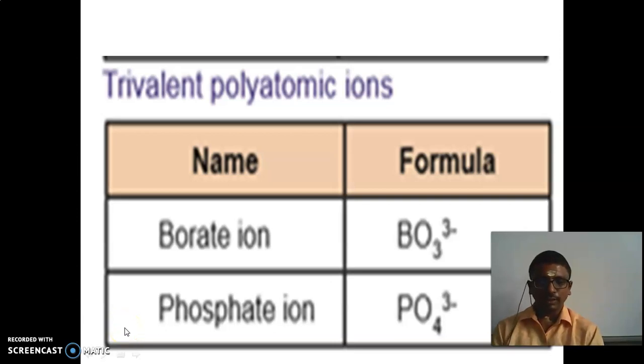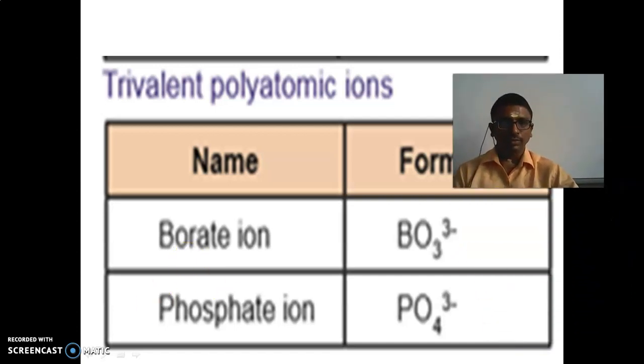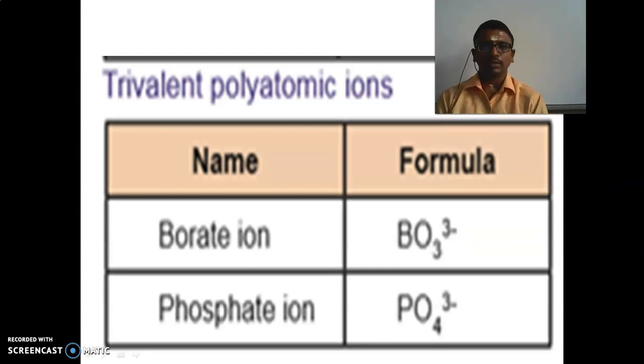Last class we discussed how we have to write the chemical formula. For example, when you take sodium chloride, for writing the chemical formula, we have to know the cations and anions.